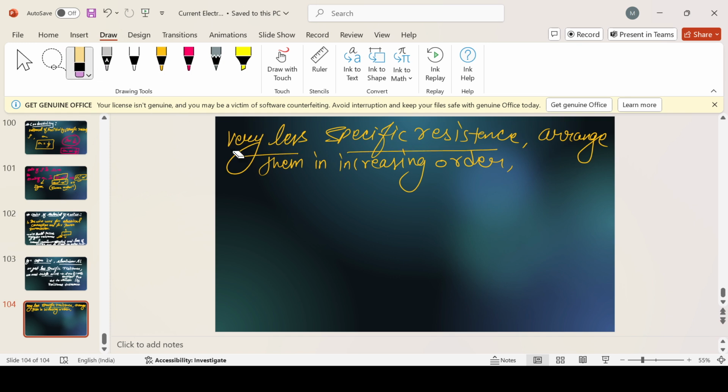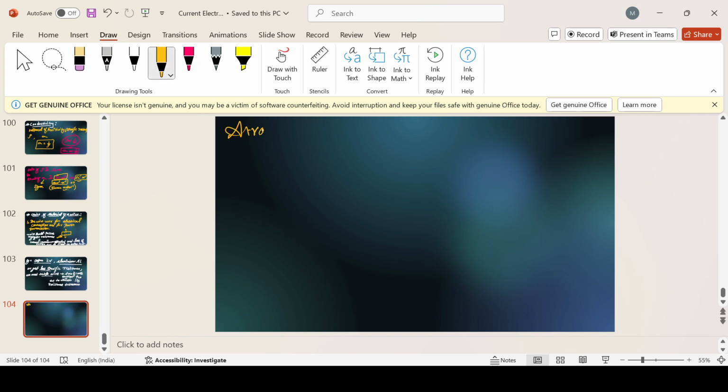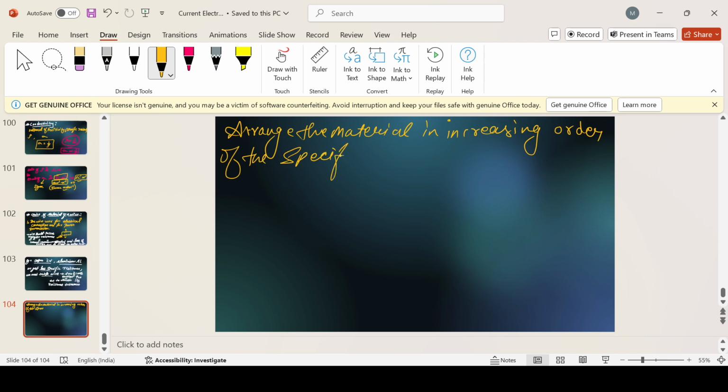Just wait a second, let's frame it like this. Arrange the materials in increasing order of their specific resistance.